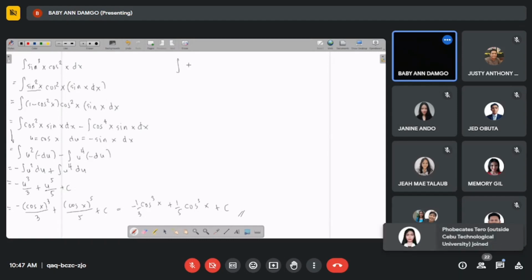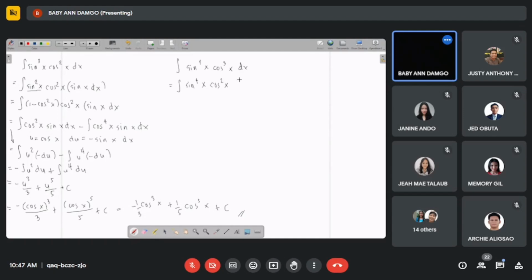So we have sine squared x and sine to the fourth x, and we have cosine cubed x dx. We can write this by copying the sine to the fourth x, leaving one cosine, so we have cosine squared x times cosine x dx. Now the cosine squared x we convert into sine.